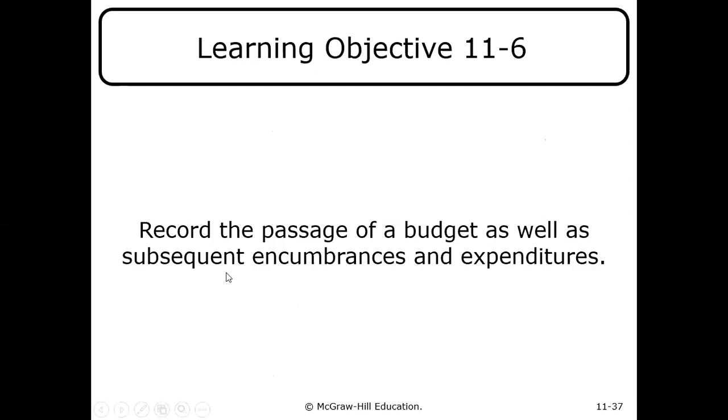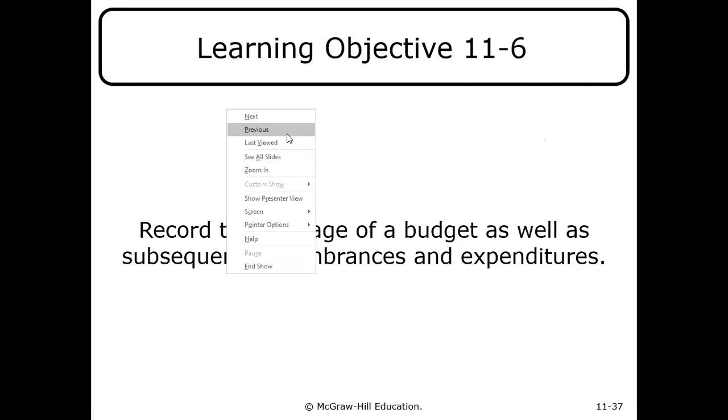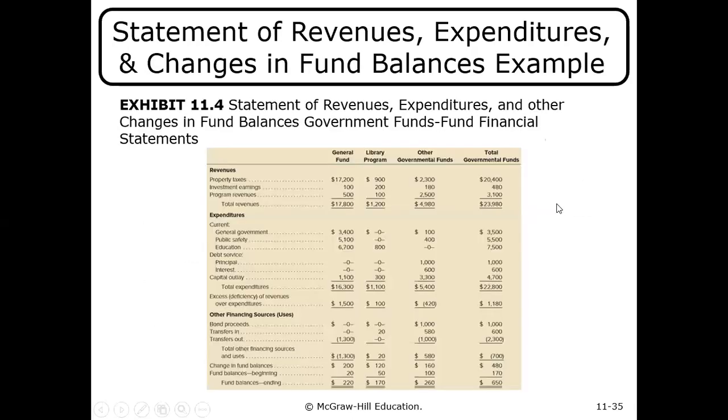Now, just to go back very quickly. Again, here is our revenues, expenditures, and change in fund balance. So we don't say net income or net loss. The revenues will report all the money coming in, general fund, the library fund, other governmental funds, and then total, the expenditures paid, and if it's positive or negative between the expenditures and the revenues.